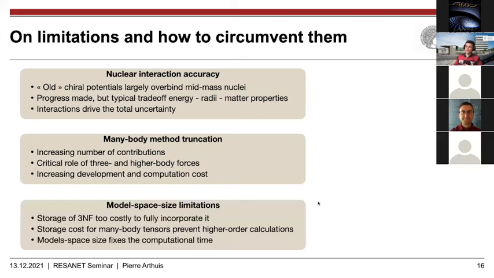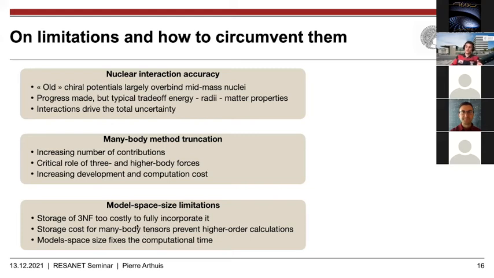And a final thing, our model space has limitations. Once again, as I discussed briefly, the storage of the three-body force is really something that we are struggling with at the moment. It's too costly to fully incorporate it. Another issue is the storage cost of the many-body tensors, so the operators that you have to compute during your calculations.